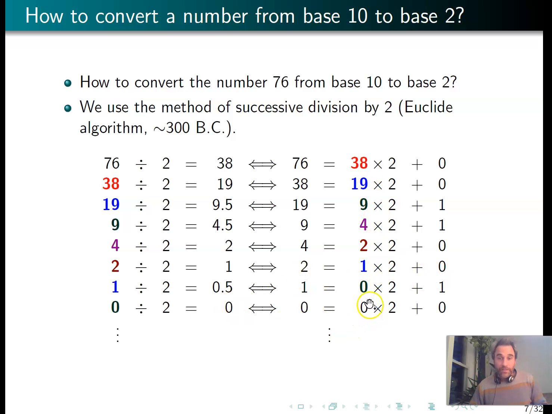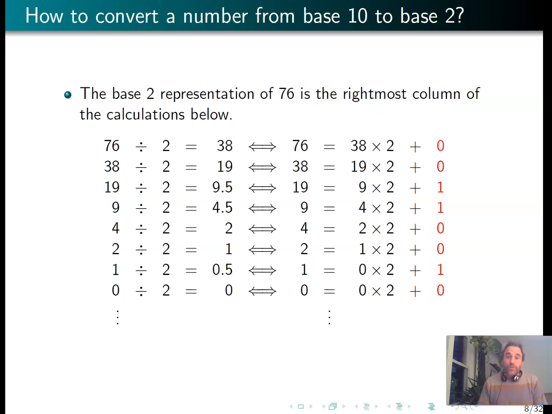And we do this until we obtain 0 times 2 plus 1, and from then on we'll be dividing 0 by 2 forever, which will give us 0 times 2 plus 0.